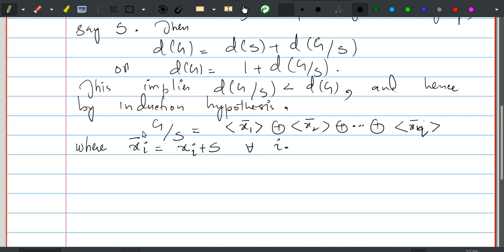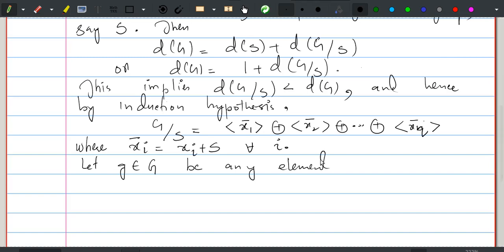So let us pick any element g in G. Let g be any element, and let g bar be its coset of S in G, i.e. let g bar be equal to g plus S, the coset of S determined by this element g. Let this g bar have order p to the power l.